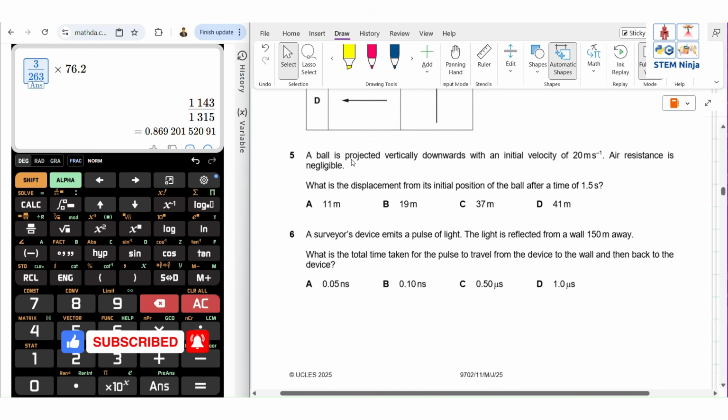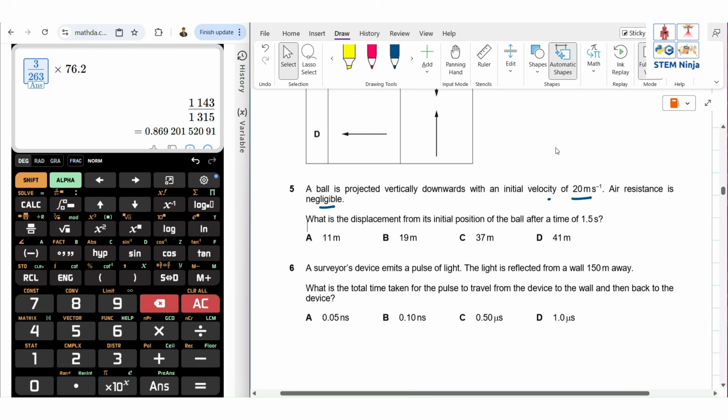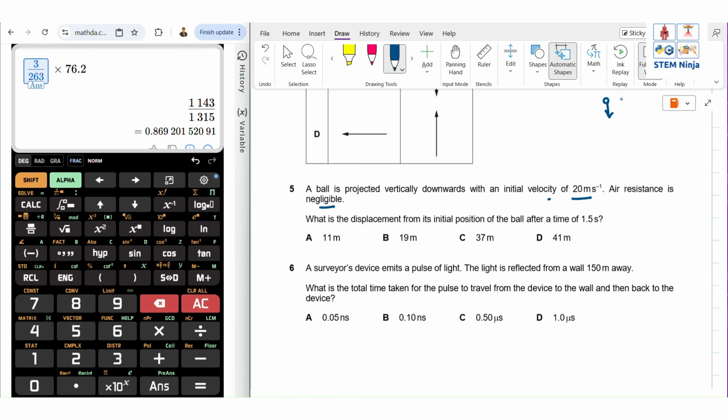Right. Okay. Moving on. A ball is projected vertically downwards with an initial velocity of 20 meters per second. Air resistance is negligible. What is the displacement from its initial position of the ball after a time of 1.5 seconds? So it is projected vertically with a speed of 20 meters per second, and we need to find out how much distance it covers after it has traveled for 1.5 seconds.